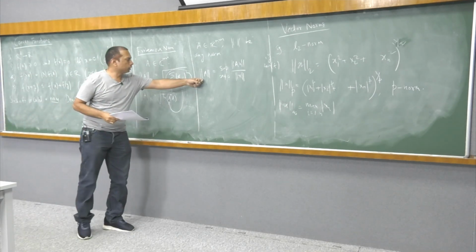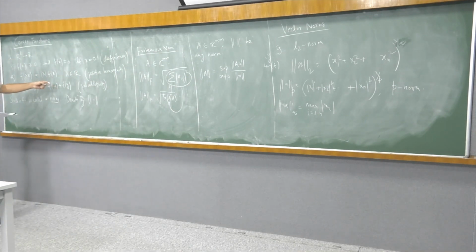Basically it has to satisfy definiteness. In other words, if this norm is 0, then A must be 0. And in general it should be greater than or equal to 0. That makes sense because the numerator and denominator are both positive and x is non-zero, so the denominator cannot be 0, hence it will be positive for sure.